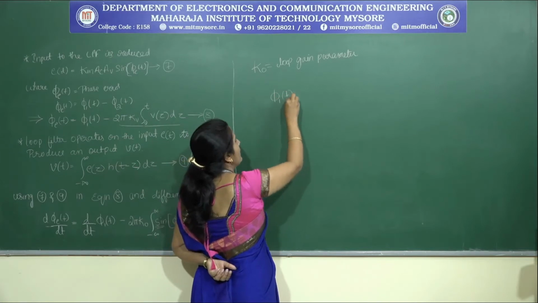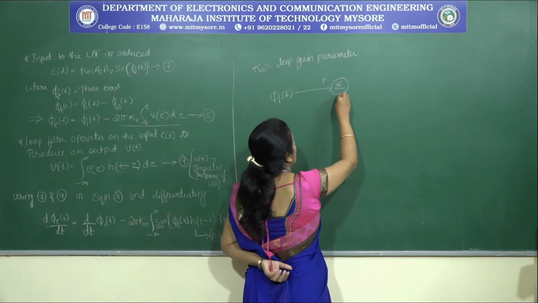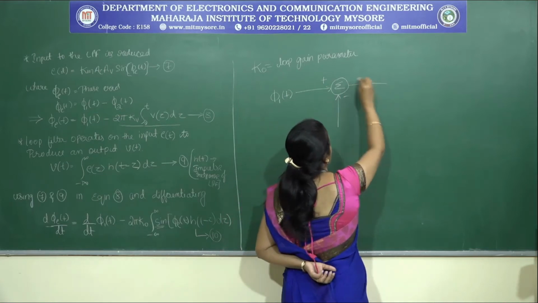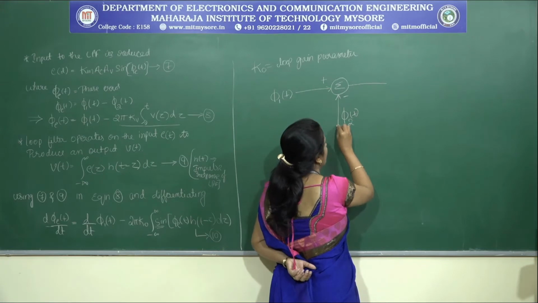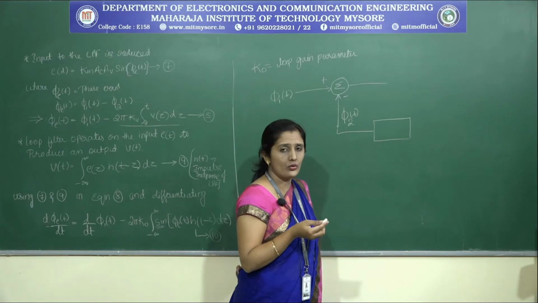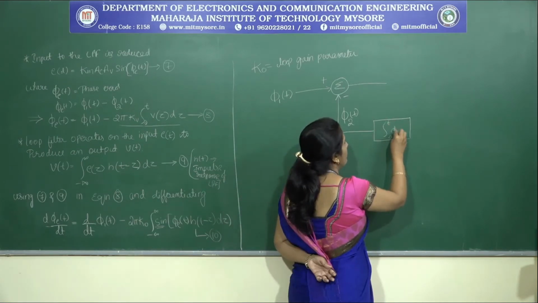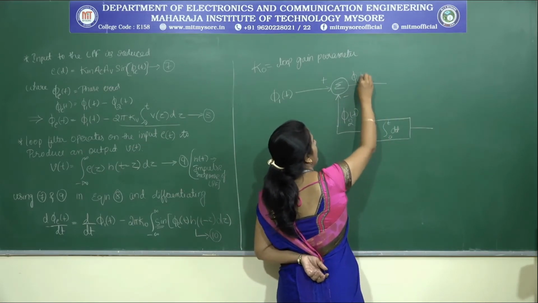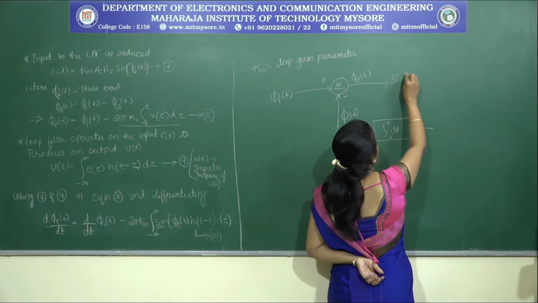Phi 1 of t is given to the summation. This is the positive and here this is the negative, where we are going to get phi 2 of t. So here we are going to get the voltage control oscillator, where we are going to do the integration, that is 0 to t into dt, and here we are going to get phi E of t, which is given to the sine.